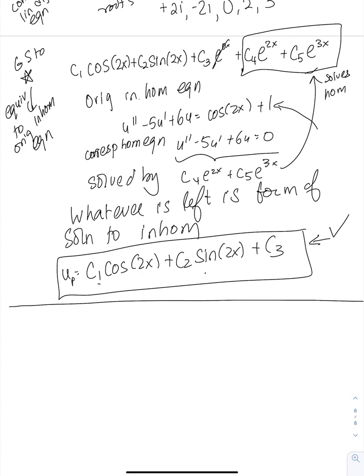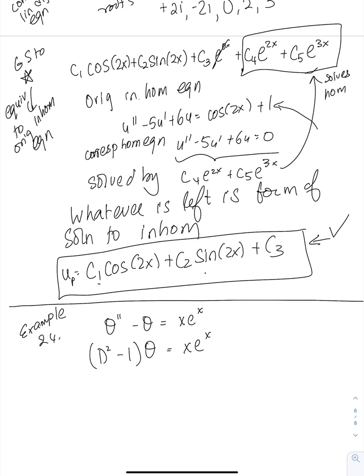All right, so let's do number 24. This is theta double prime minus theta equals x e to the x. D squared minus 1 applied to theta equals x e to the x.